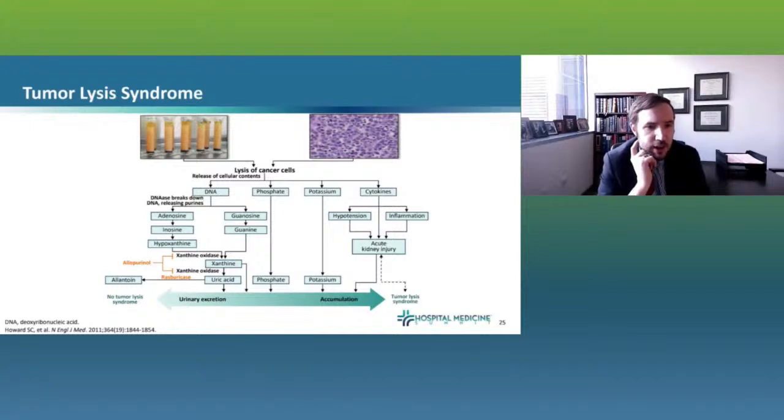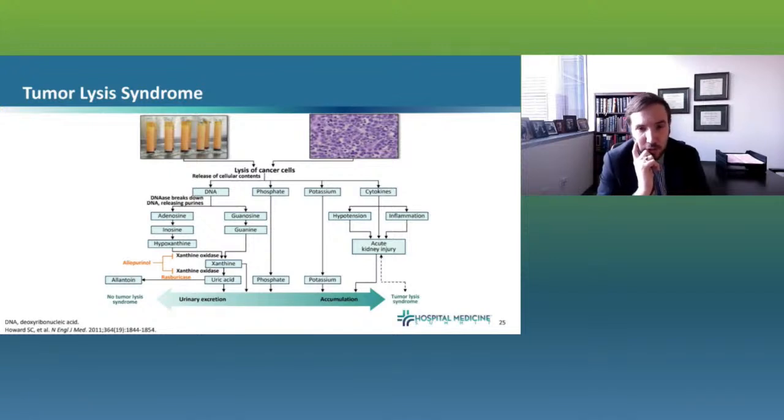The DNA gets broken down all the way to xanthine, which xanthine oxidase breaks down to uric acid. Uric acid causes all of its problems if it accumulates too much and is not excreted appropriately. As you can see, as the arrow goes to the right, you get accumulation and you get TLS, kidney injury, and a cascade of bad clinical outcomes.